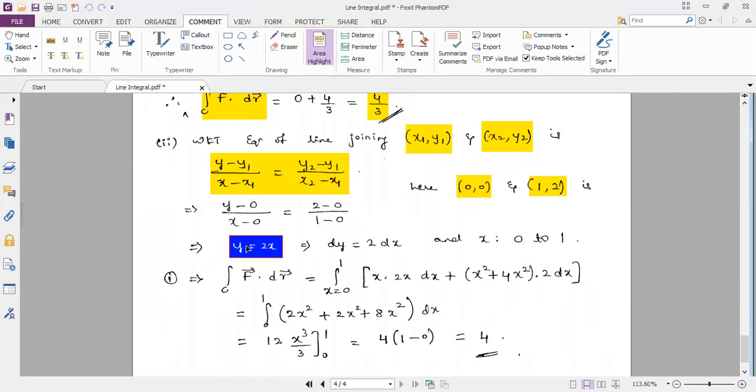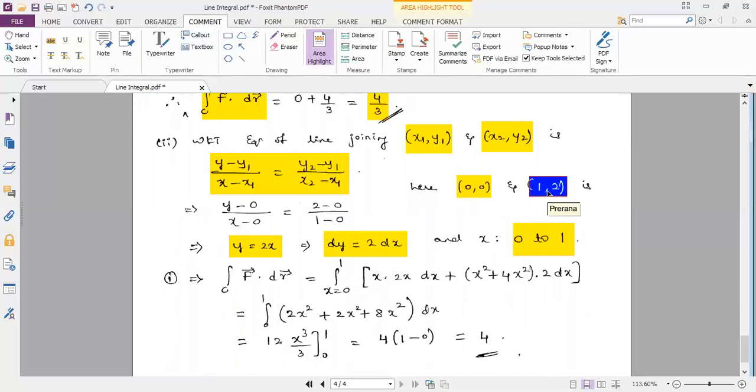Since y is equal to 2x, dy will be equal to 2 into dx, as differentiation of 2 into x is 2 into dx. We also observe that x is varying from 0 to 1. Looking at the points 0, 0 and 1, 2 itself, we can observe that x varies from 0 to 1.